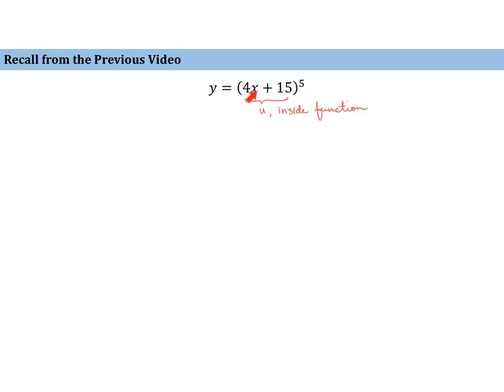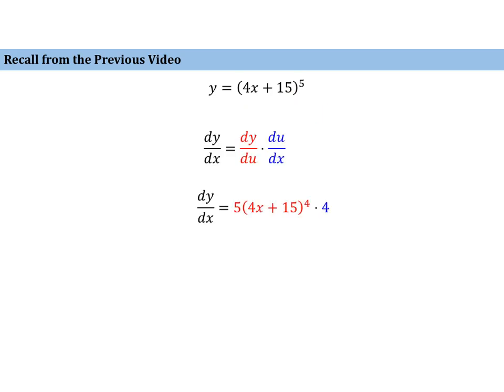But this has an inside function, so we would end up taking the derivative of the inside, which is precisely what happens. 4x plus 15 we ignore for the moment. We bring the power in front, and we lower the power by 1. But then we take the derivative of the inside function, so the derivative of 4x plus 15 is 4.